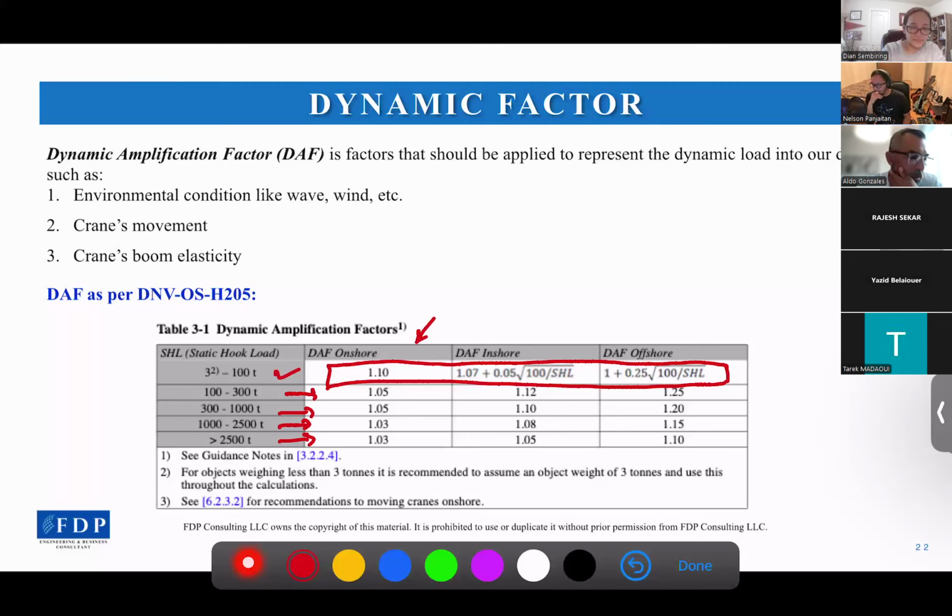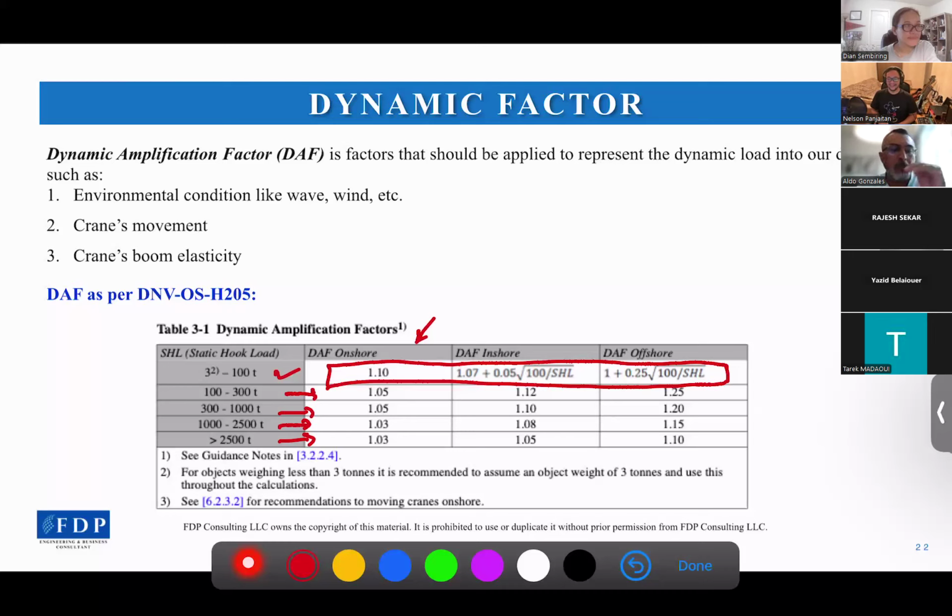So we need to attach each factor in offshore, onshore, and inshore. My question is only for reminder. Sometimes we saw many accidents with crane collapse. I hear also that somebody says the mistake is because the load is not according to the drawing, or the load is high.